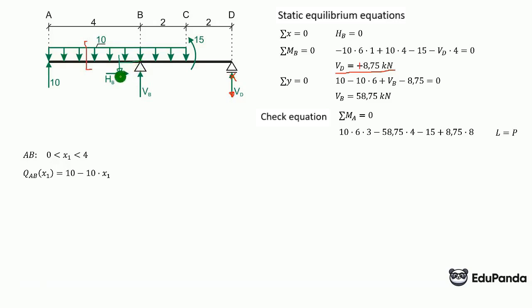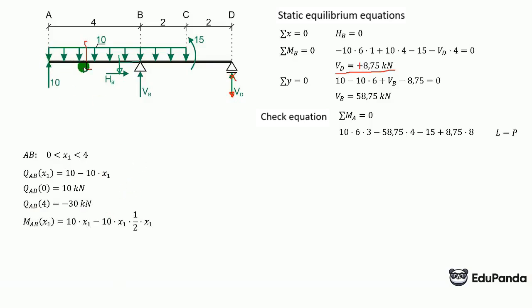So the shear force in this interval equals 10 minus the resultant from the distributed load, meaning if we are at a length of x1, the resultant is minus 10 times x1. So if we substitute into the equation 0, it gives us 10, and if we put in 4, we get minus 30 kN.